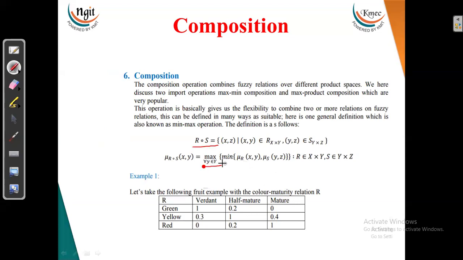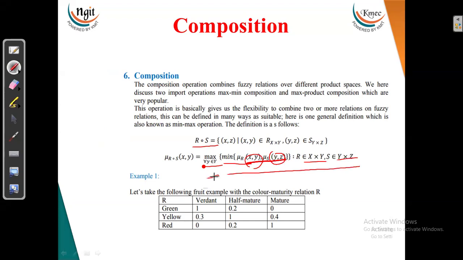First you have to calculate the minimum between the two relations, mu R of x comma y and mu S of y comma z, where R belongs to the relation between x cross y and S belongs to the relation between y cross z. After finding all the minimum values, you have to find the maximum.